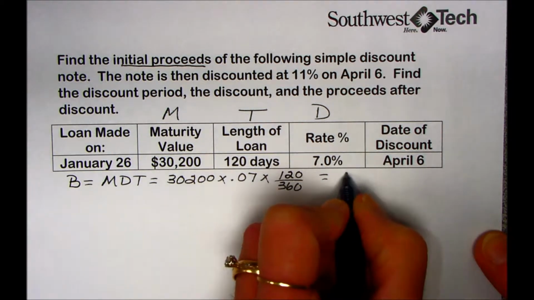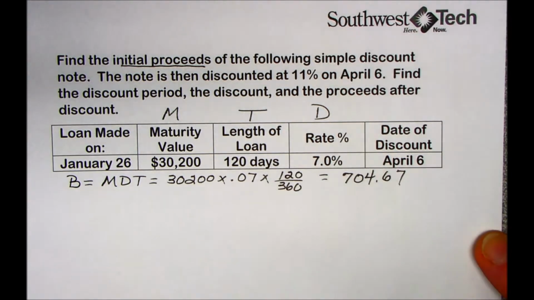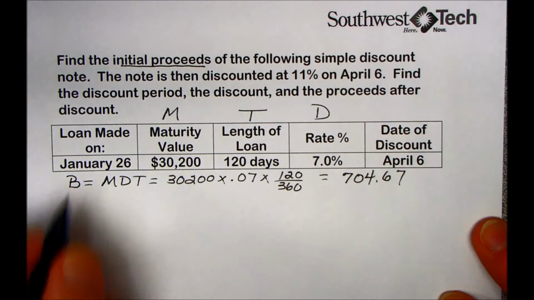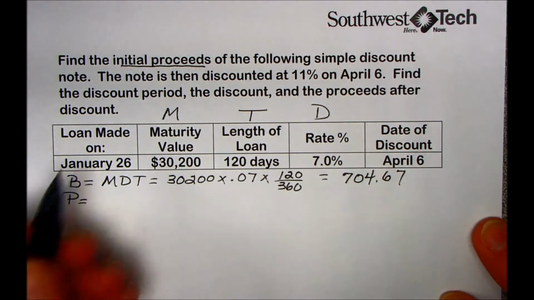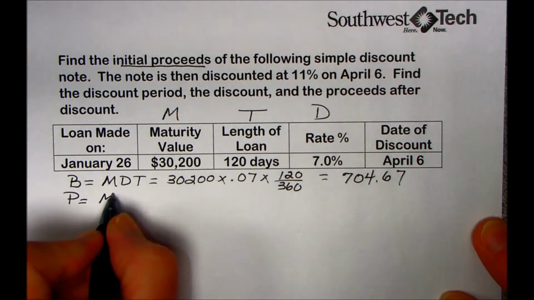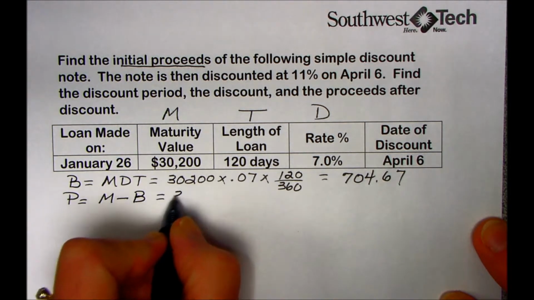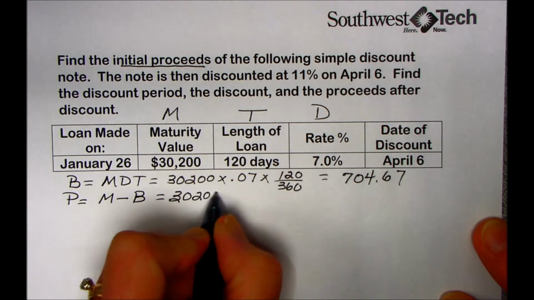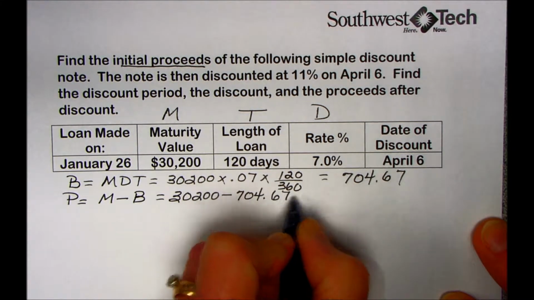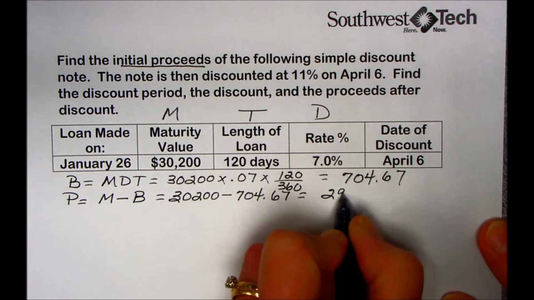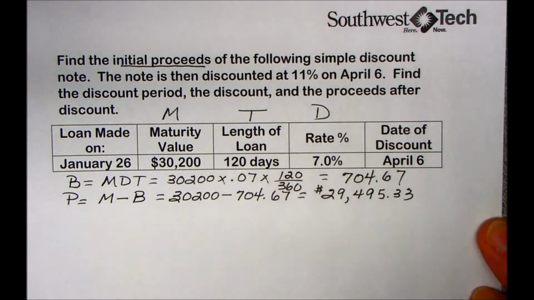Simplifying that expression, the charge or the bank discount of this note would be $704.67. To answer the question though, the proceeds of the person receiving this loan would only receive the difference between the maturity value 30,200 and the bank charge, the bank discount, which gives us a $29,495.33 value for the proceeds.